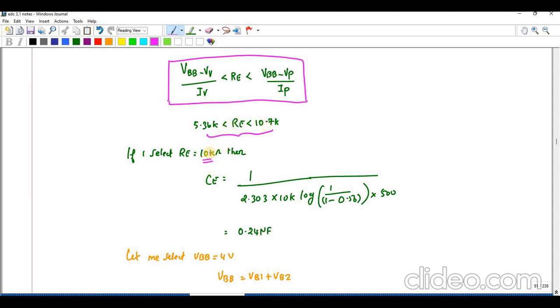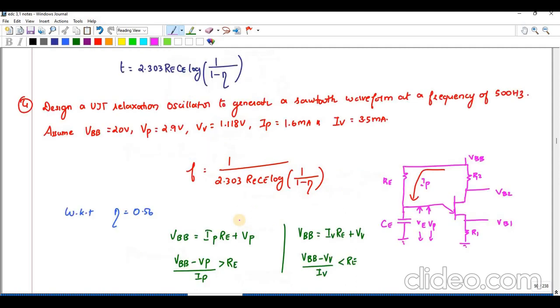If I take RE as 10K, I know the value of intrinsic standoff ratio, f and RE. So I only have to find the value of CE. Once I find the value of CE, I can substitute here. RE I know, CE I know, so from this I can design a relaxation oscillator.